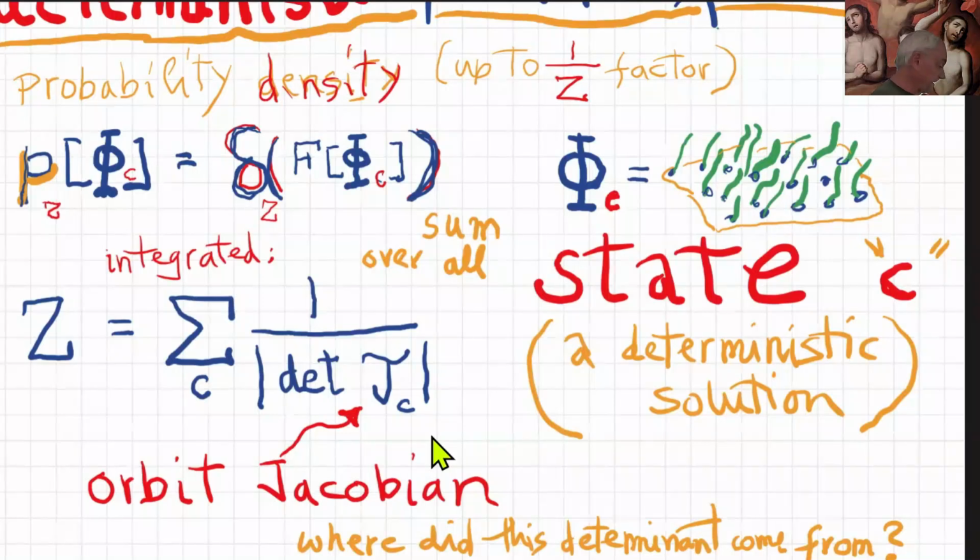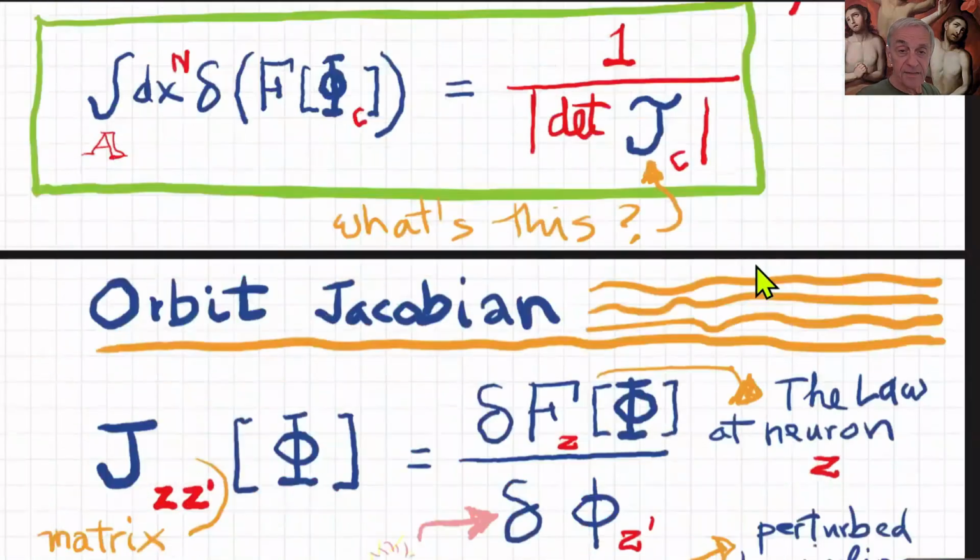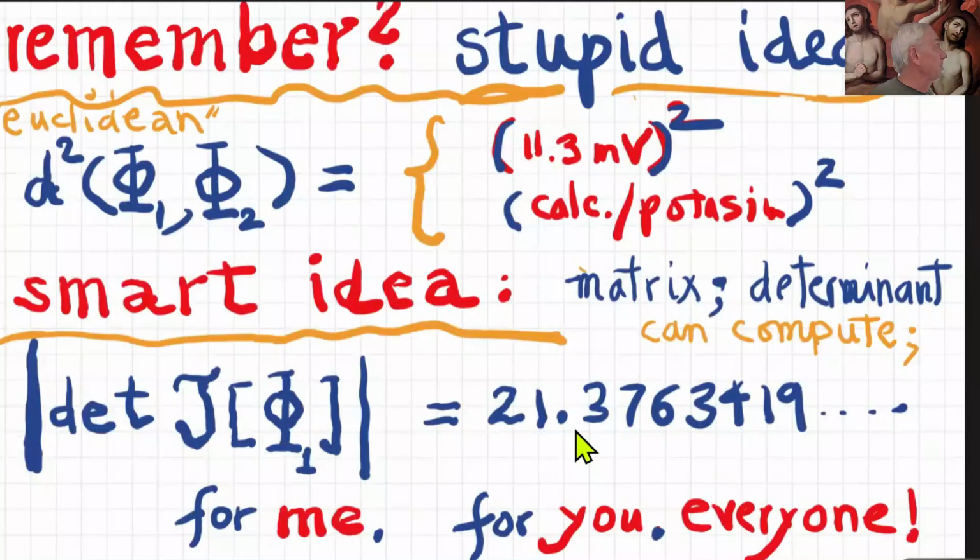This has a property that these ratios don't change and the determinant doesn't change. So everybody gets the same determinant, no matter how they're doing the measurement, how they're perturbing the network. That's the key idea of this.